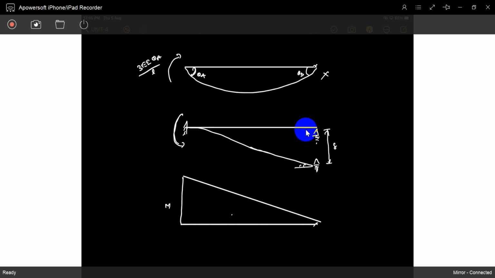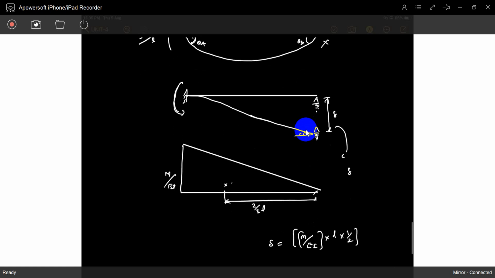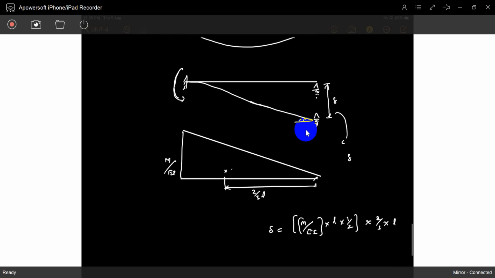The rotation is M by EI, so the deflection is delta. Taking the moment area method, the area is half times L times M by EI, and the deflection is this area times 2/3 of L. That is the deflection by the area moment method.